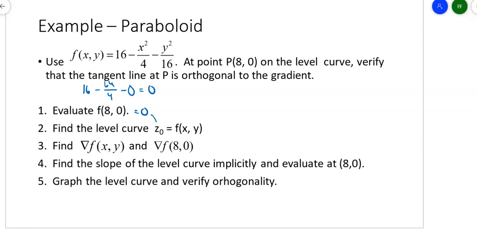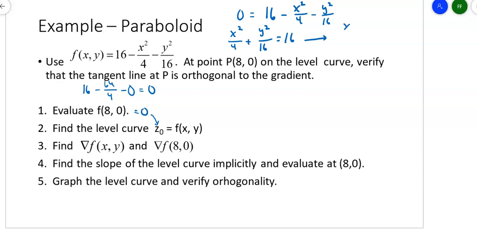Well, z sub 0 is 0, so we're going to import our answer in there, and we're going to get 0 equals 16 minus x squared over 4 minus y squared over 16. Move those over to the other side, and you'll end up with x squared over 4 plus y squared over 16 is equal to 16. Divide both sides by 16 and see what you get.